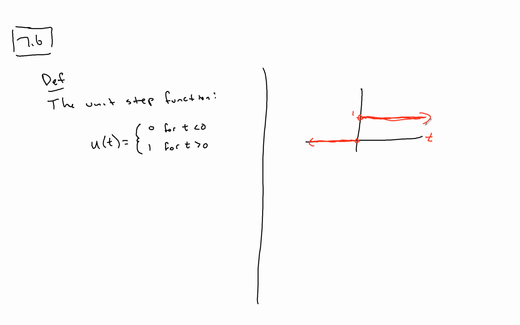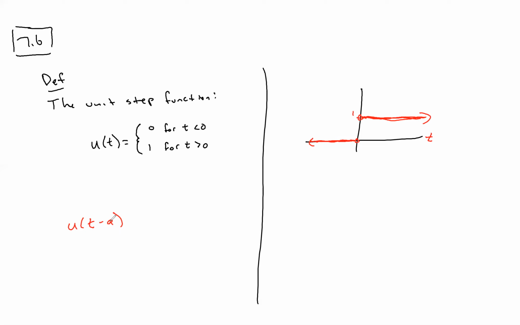And something else we may look at is we can shift this unit step function around. If we think of just basic transformations of functions, if I want to do u of t minus a, when I subtract some number inside my function notation, that means I'm shifting left or right.